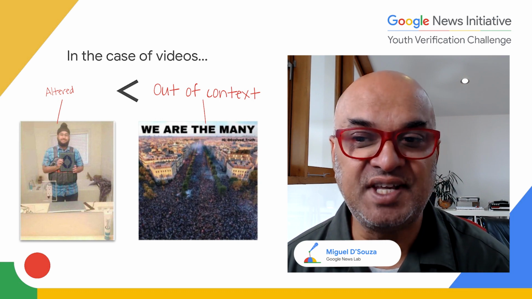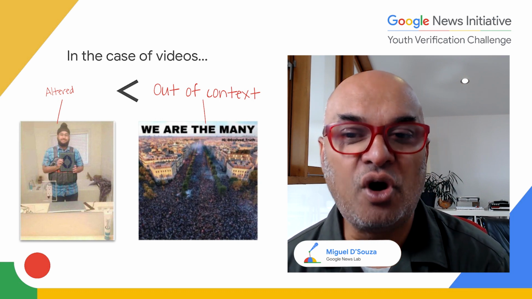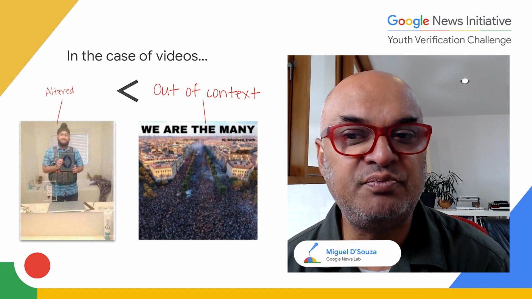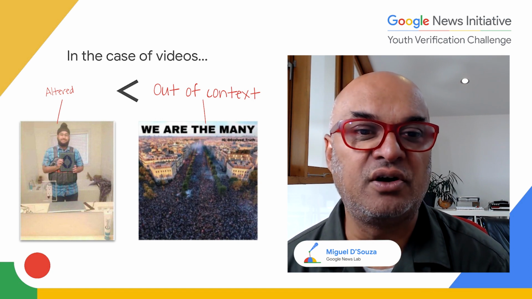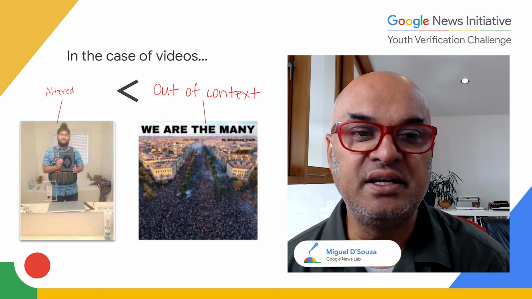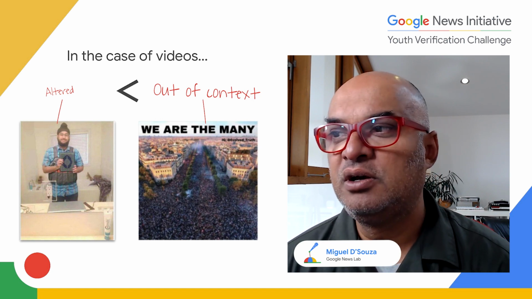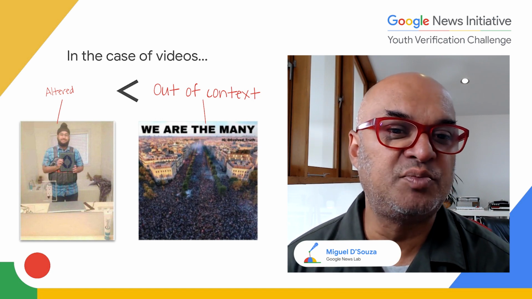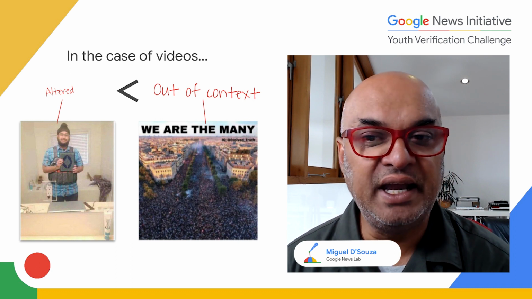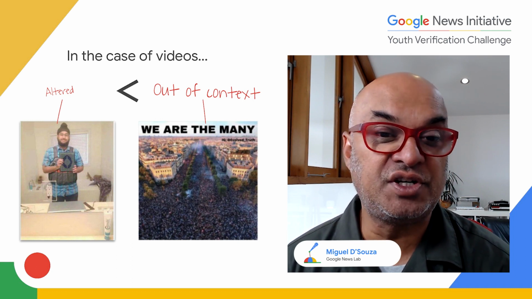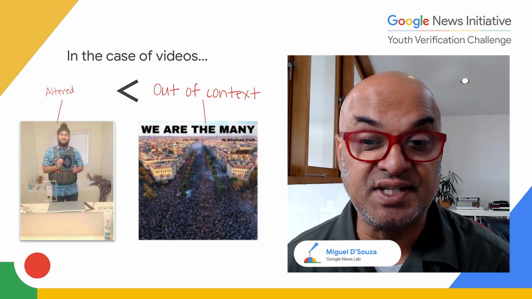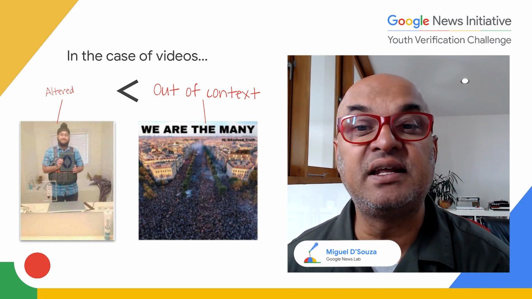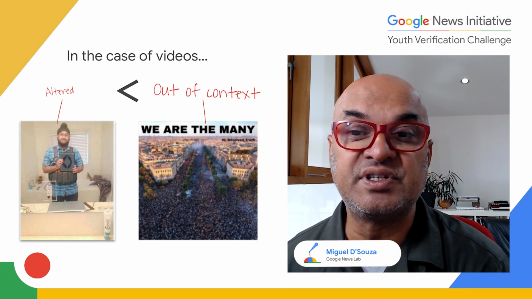The same can be said for videos, but the most common with videos is the misuse of videos out of their original context. You may remember on the left you can see a picture that has been altered, but the one on the right is an image of a demonstration that was taken entirely out of context and used again and again for all sorts of different stories.